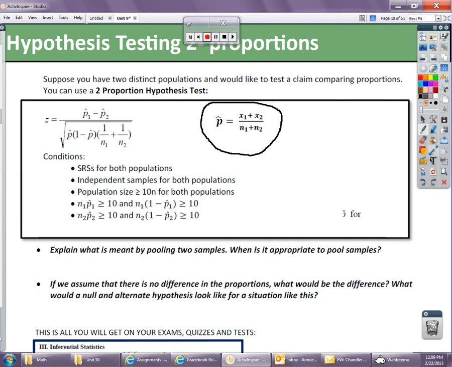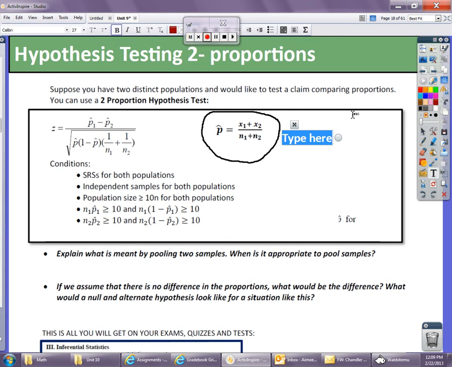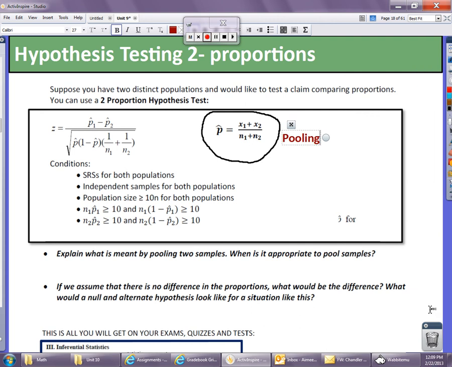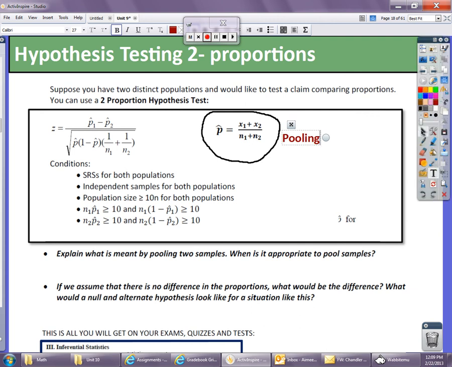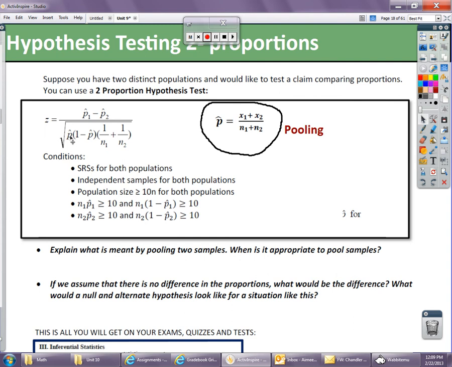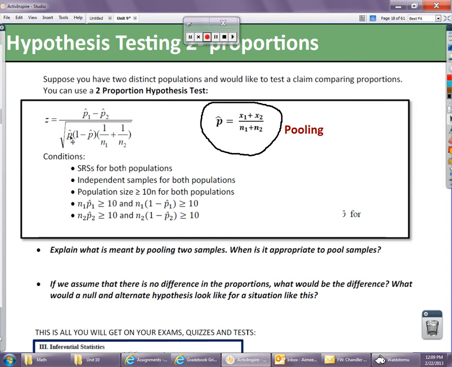So you do have to pool the two samples, because in your standard error, you actually have to use the pooled sample. Okay? So you still have your first proportion, you subtract your second proportion, and for this one you're actually finding the z-score, because eventually you are going to be finding a probability and comparing that to your significance level. So conditions are still the same, they haven't changed for both, don't forget that.